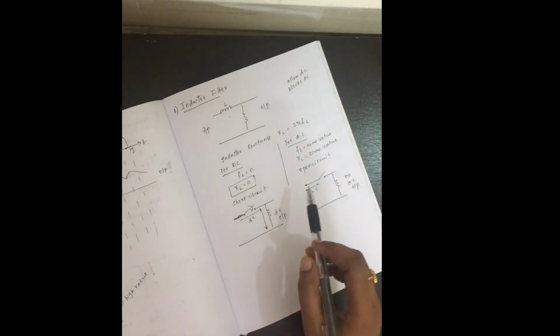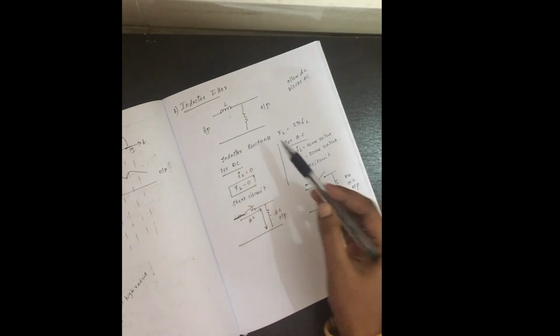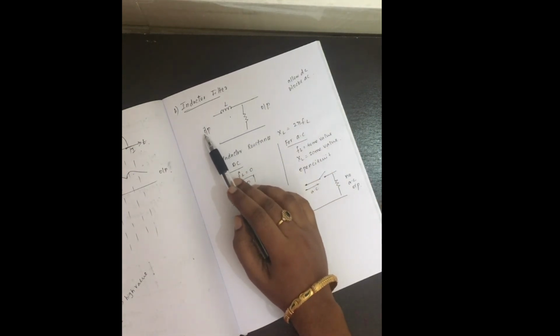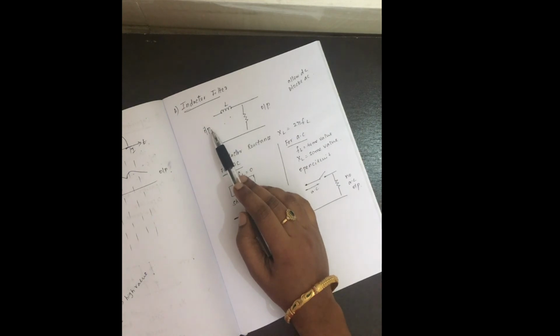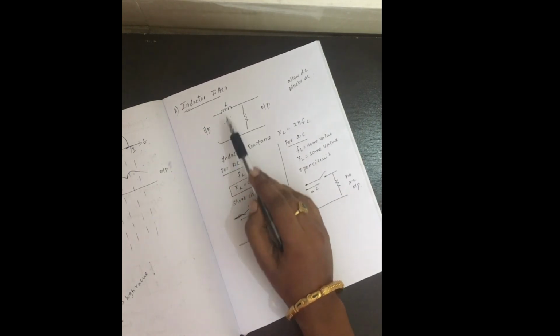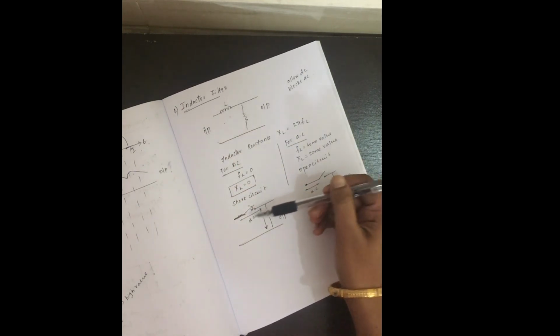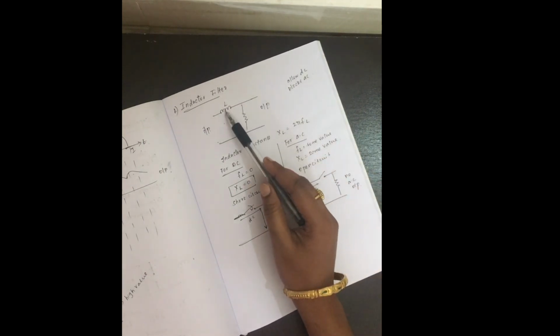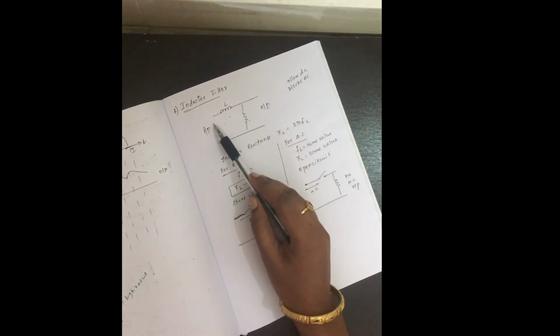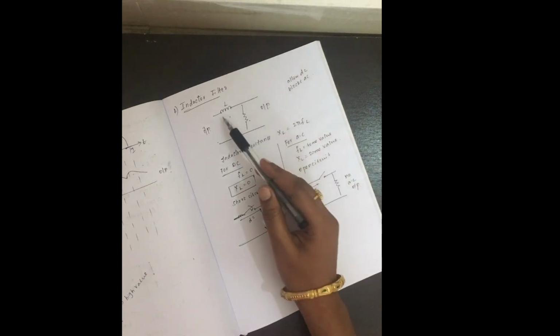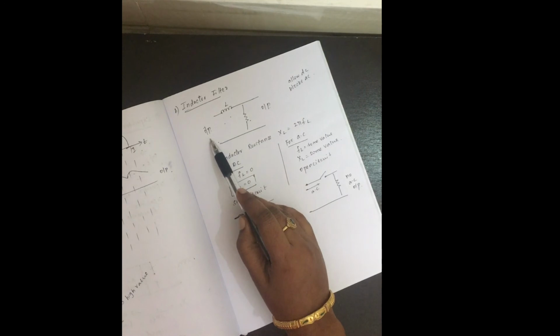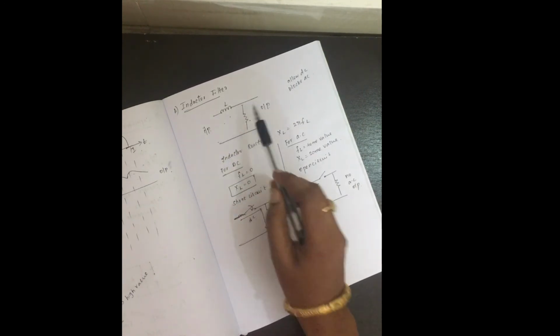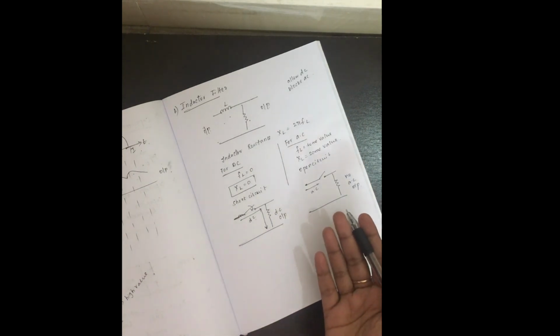So that's what I have discussed here. Whatever input signal is given will have both AC and DC. The inductor takes the DC signal and gives it to the load output, and it blocks the AC signal, because for the AC signal the inductor will act as an open switch, and for the DC signal it will act as a closed switch. So that's how it allows the DC signal and blocks the AC signal.